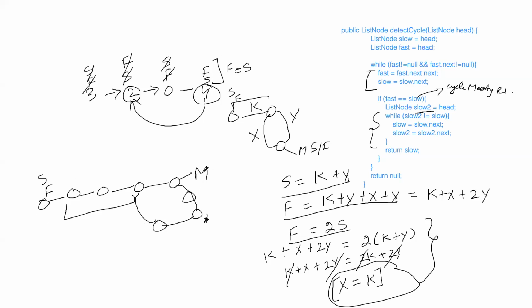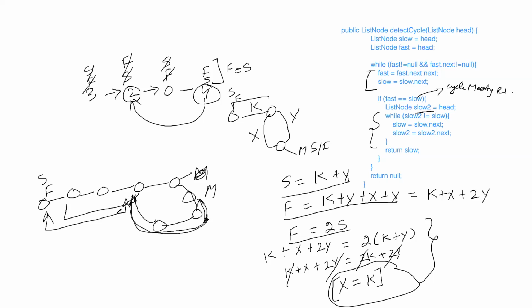So if you have another node here, then the meeting point would be here. Yeah, it would be the length of the linked list mod the distance of the circle. And what I've seen is that the distance between the meeting point and this is always equal to this.